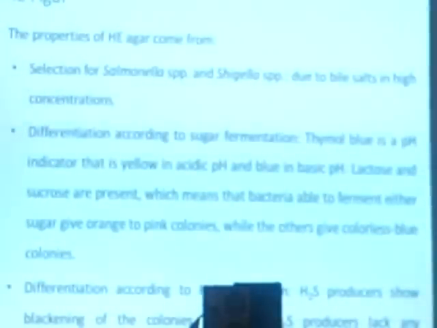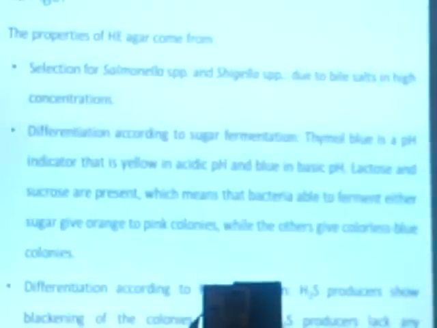Now, HE agar. HE agar, like SS agar, is a highly selective medium. It means that it selects against many gram-negative bacteria because of the presence of bile salts in high concentrations. So it gives more space for Salmonella and Shigella to grow.